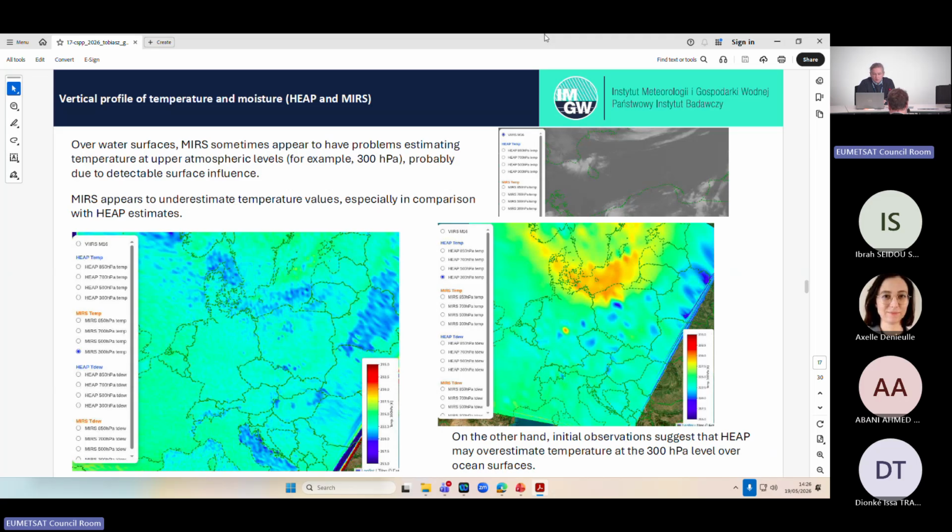I noticed that one software, MIRS, sometimes has a problem estimating temperature in the upper atmosphere, for example at 300, probably due to detectable surface influence, and this MIRS program underestimated temperature values.